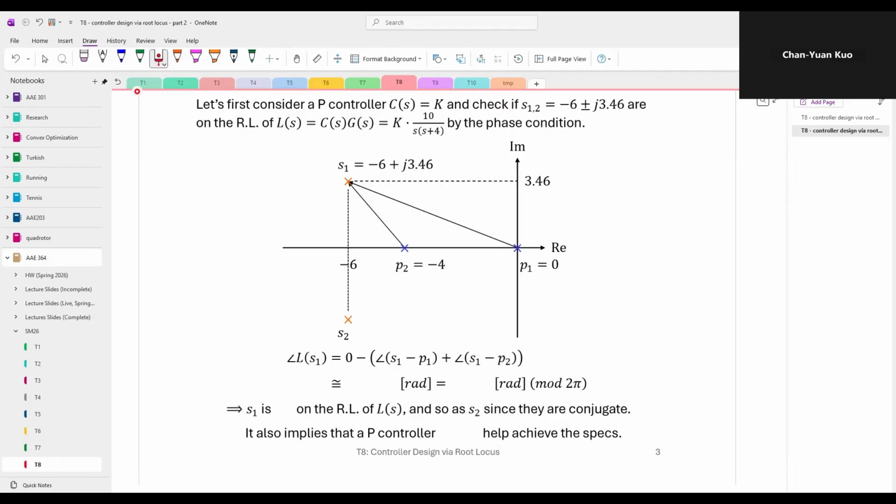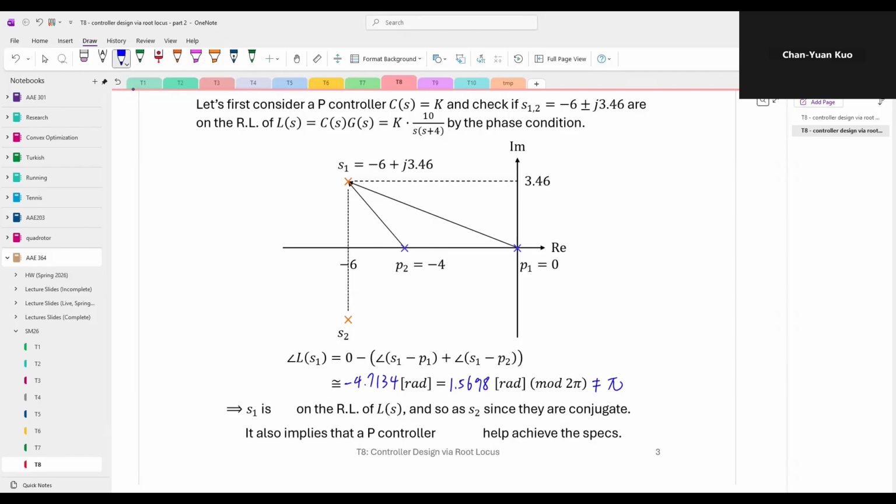And by adding up the phase contributions of these poles, we can see that the phase of the open loop transfer function at the desired closed loop pole s1 is equal to -4.7134 radians, which is equal to 1.5698 radians modulo 2π, which is obviously not equal to π.